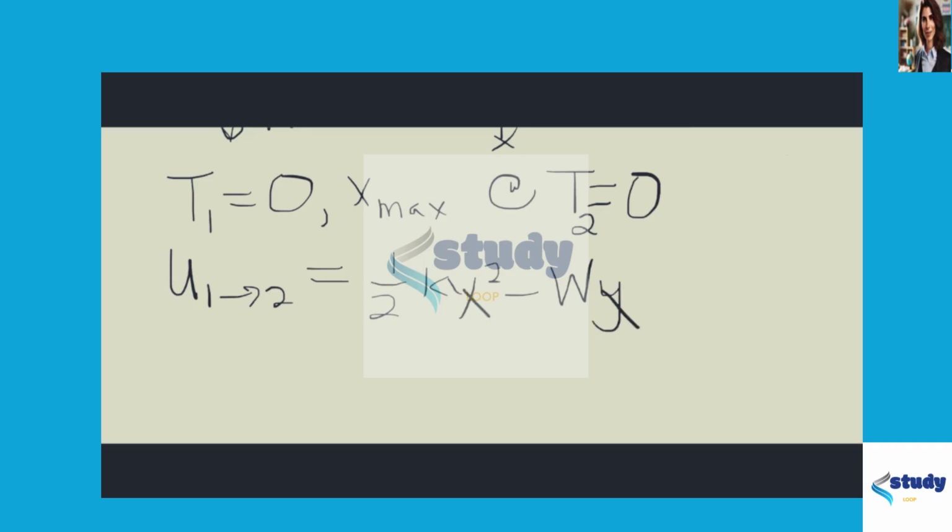Let's make these x's. And again, this will be equal to 0 just because T1 plus U12 is equal to T2. But as shown here, T1 is 0 and T2 is 0. So all we're left with is the U1 to 2 term. So we have that 0 equals 1/2 kx squared minus wx.